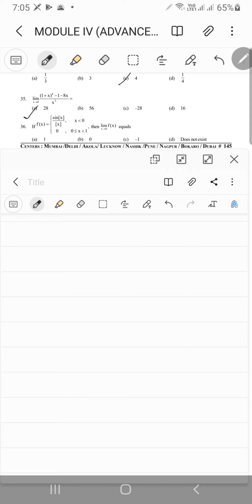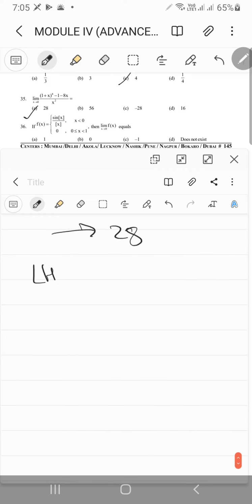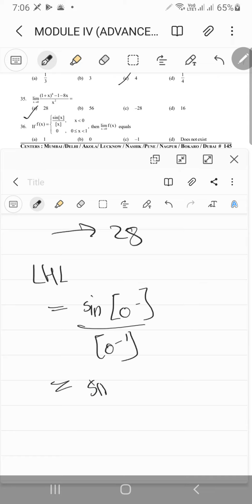Sine of integer part of x upon integer part of x. If x is less than 0, let's go for the LHL. LHL is sine of the integer part of 0 minus upon the integer part of 0 minus, which is sine of negative 1 upon negative 1.